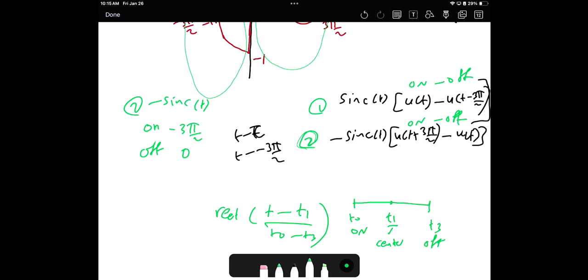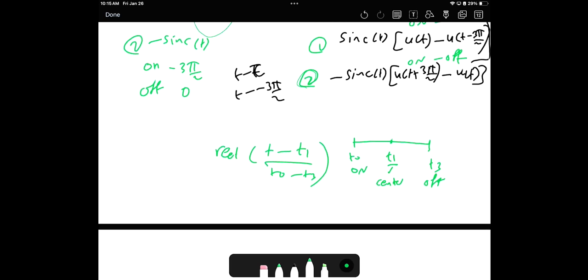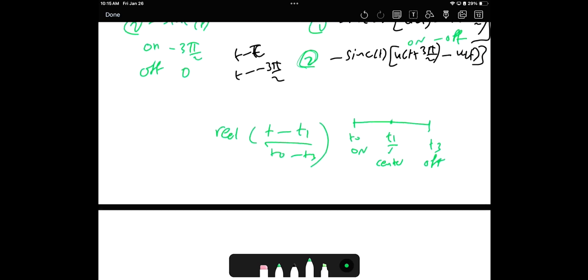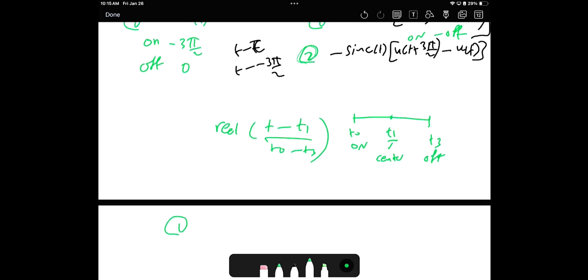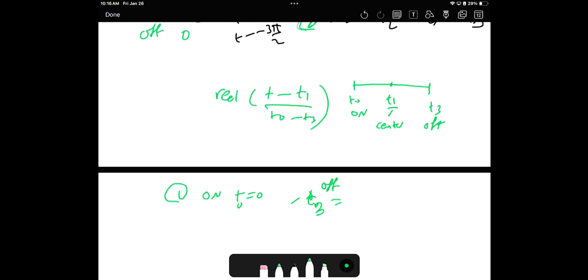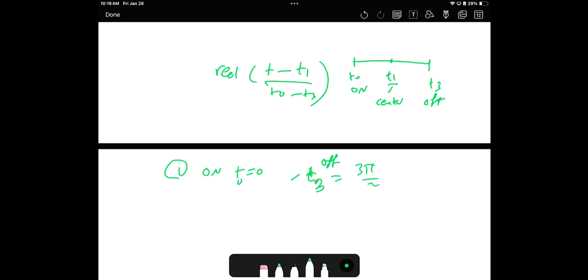Okay. Now, for number 1, we have on at t equals 0, which is T0, and off at T3, which will be at 3 pi over 2. Now, in order to find T1, which is the middle, it's going to be T3 minus T0 over 2.